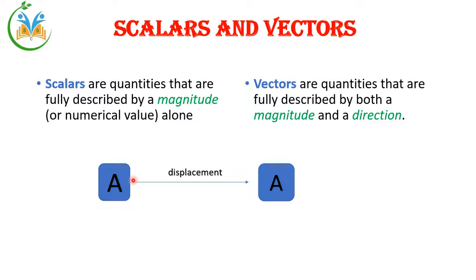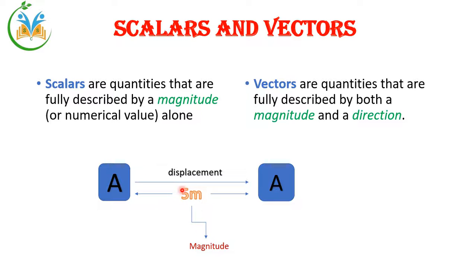This is the distance from this position to this position. Suppose this distance between these two blocks is 5 meter, so this 5 meter is called magnitude.